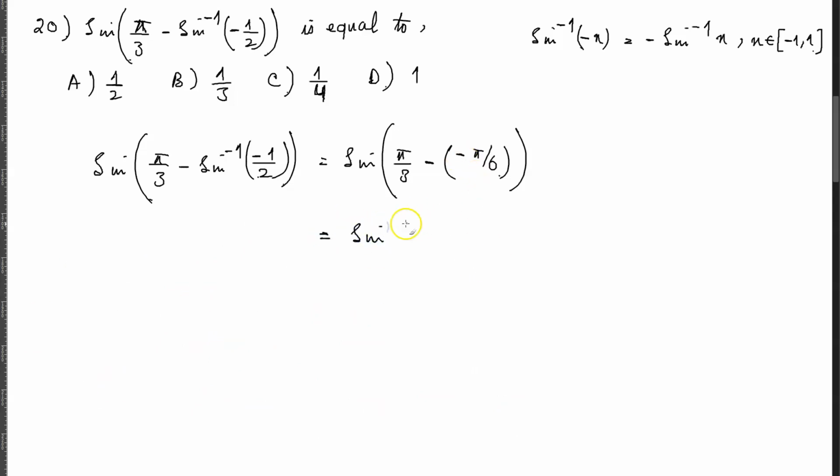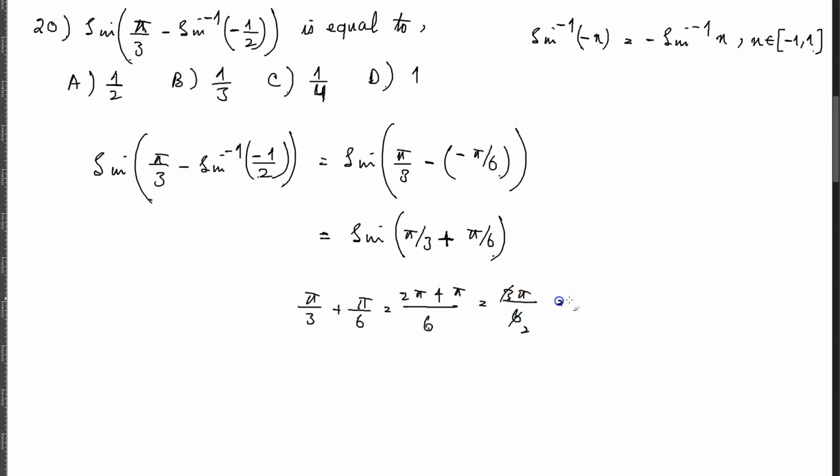the sine of pi by 3 plus pi by 6, and pi by 3 plus pi by 6 is equal to 60 plus 30, which is equal to 90 degrees, which is pi by 2. You see, pi by 3 plus pi by 6 is equal to 2 pi plus pi over 6, which is 3 pi by 6, which is equal to pi by 2.